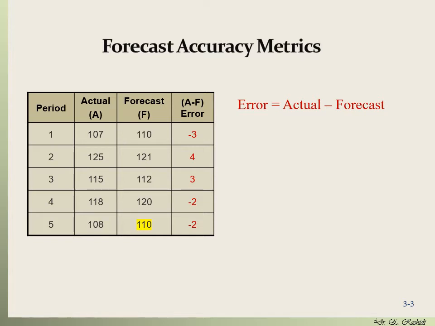I have made only one change here. For the 5th period, I changed our forecast from 109 to 110, just to make a point. That's the only change that I have made. And in the last column, I have computed the error based on this formula, which is error equals actual value minus the forecast, the first column minus the second column for each period.